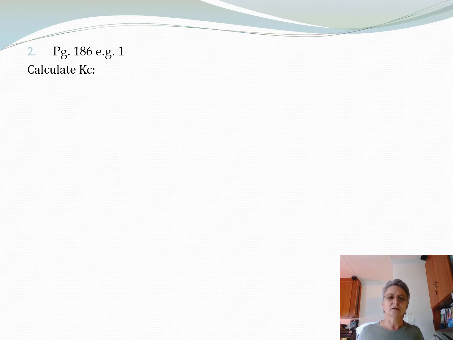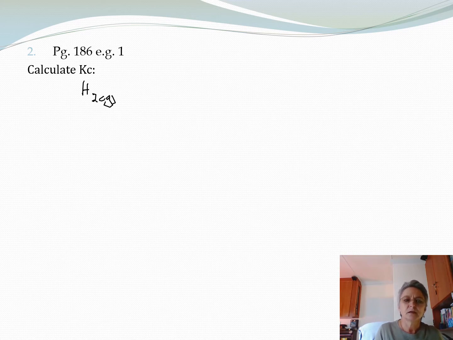Next we're going to look at page 186, example 1. You can go to your textbook. They want us to calculate the Kc value. They say that we have hydrogen gas and iodine gas in equilibrium with hydrogen iodide.